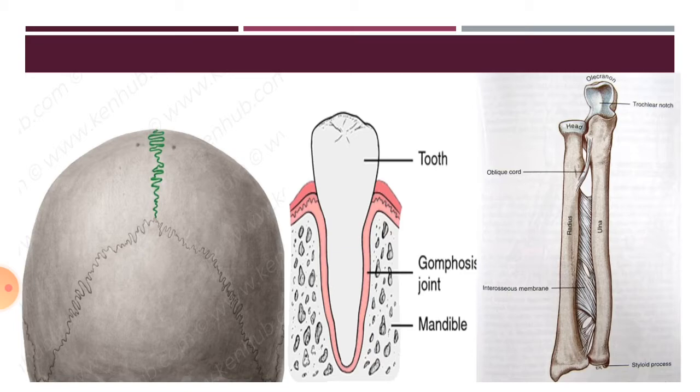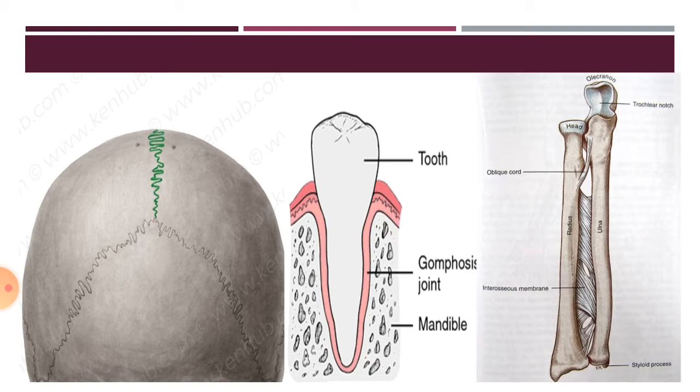Starting from the left, this is an example of suture that is between the two parietal bones, and we call it the sagittal suture. We will discuss these sutures in detail when we study skull bones. The next type is gomphosis, and you can see the joint between the root of the tooth and the alveolar ridge.